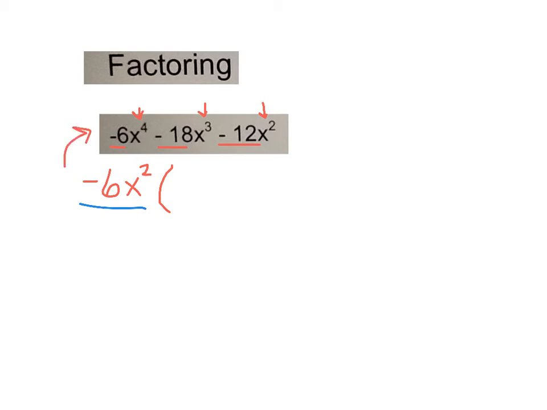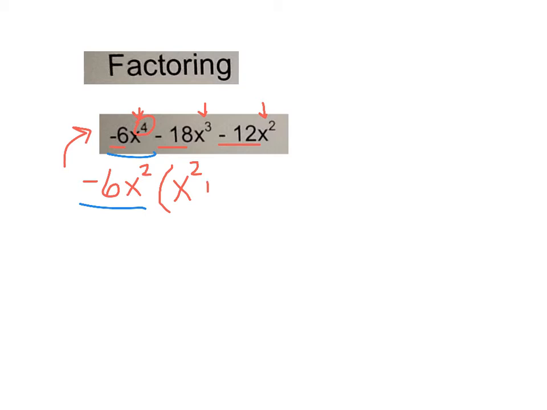Well, -6 times 1 would take us to -6. We don't really need the 1, but you could put it there. But x to the second power, there's 2 here, we need a total of 4, so we would need 2 there. Because -6x squared times x squared would take us back to -6x to the fourth power. Okay?